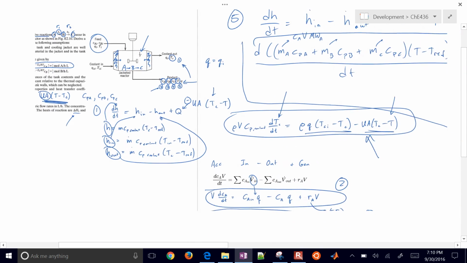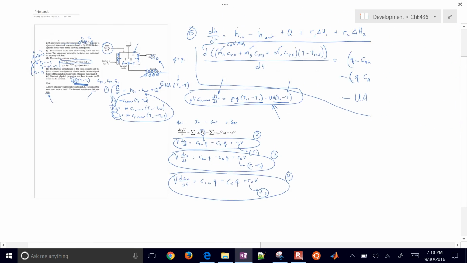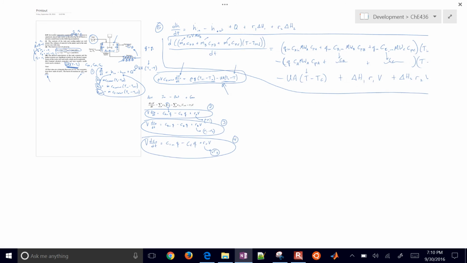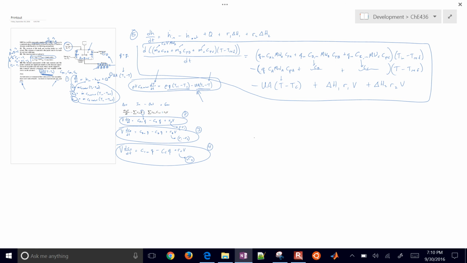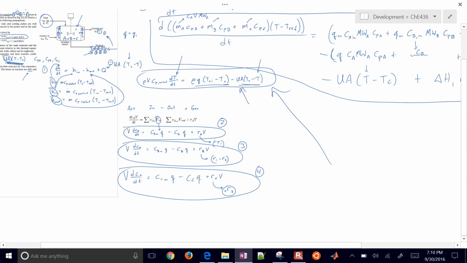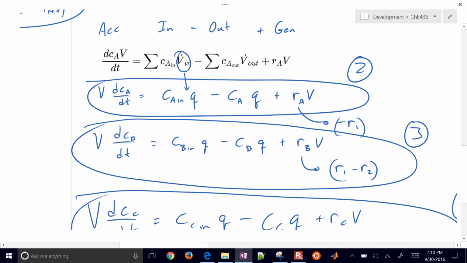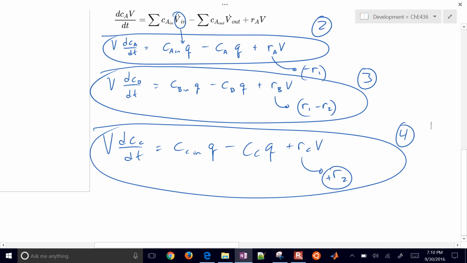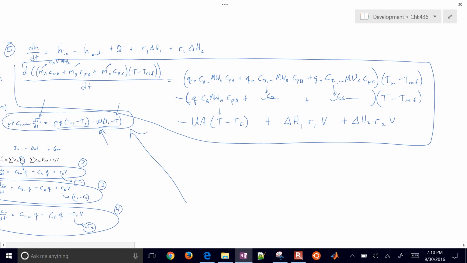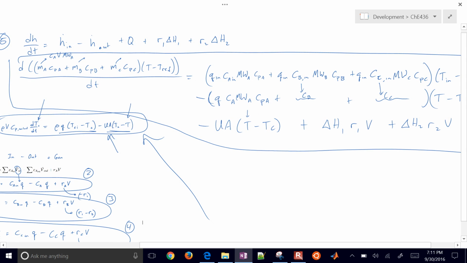That's going to be equation number 5. Let me zoom out a little bit and do a quick overview. Wow, that's a lot of equations. Our first equation was the energy balance around this cooling jacket. Our second, third, and fourth were species balances for A, B, and C. And the very last one was an energy balance equation for the contents of the reactor.